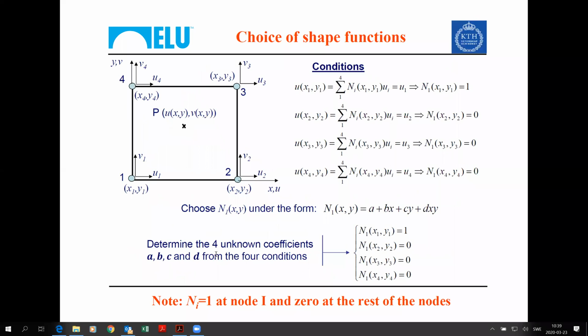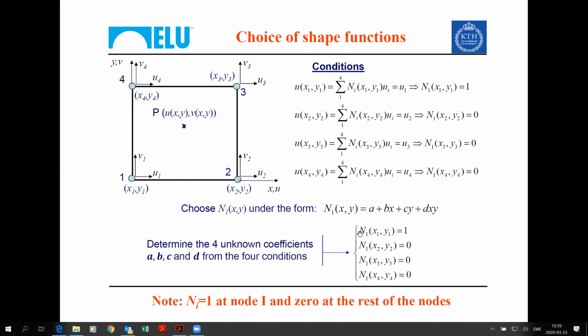Now, how do we choose our form functions? Let's say we assume that we have a 4-noded element. In order to determine the coefficients in a particular form function, say n1, the one that will be involving u1 and, of course, v1 if we interpolate v, what are the conditions that we need to impose for n1?